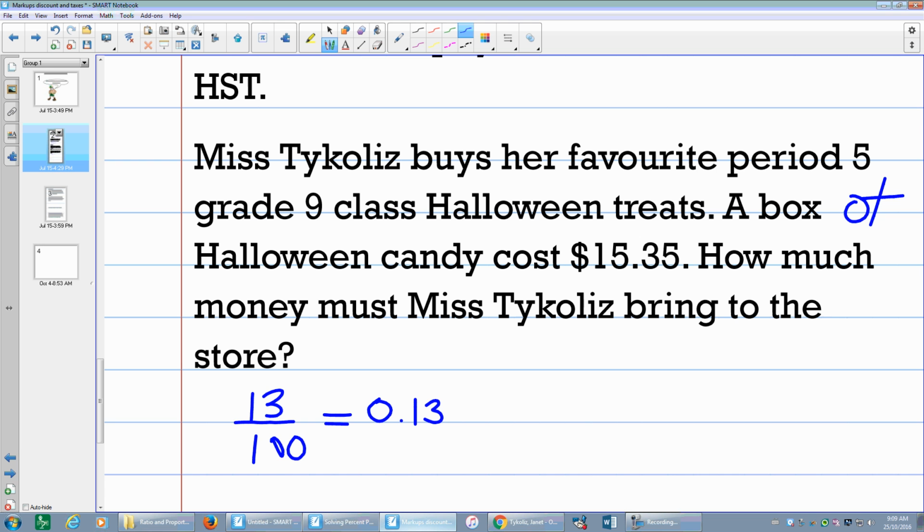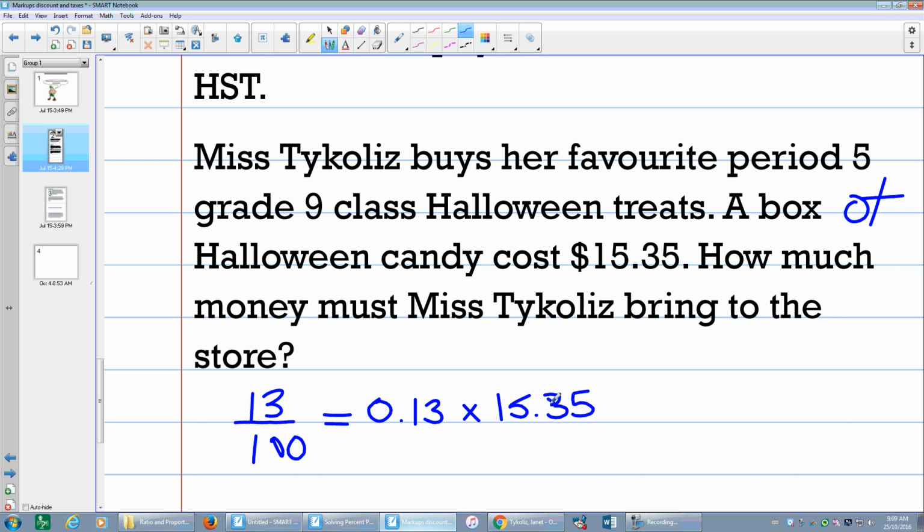So that's 0.13, which is saying 13 pennies for every dollar that I spent. And I'm going to take that 0.13 and multiply it by the total amount of the Halloween treats, $15.35.